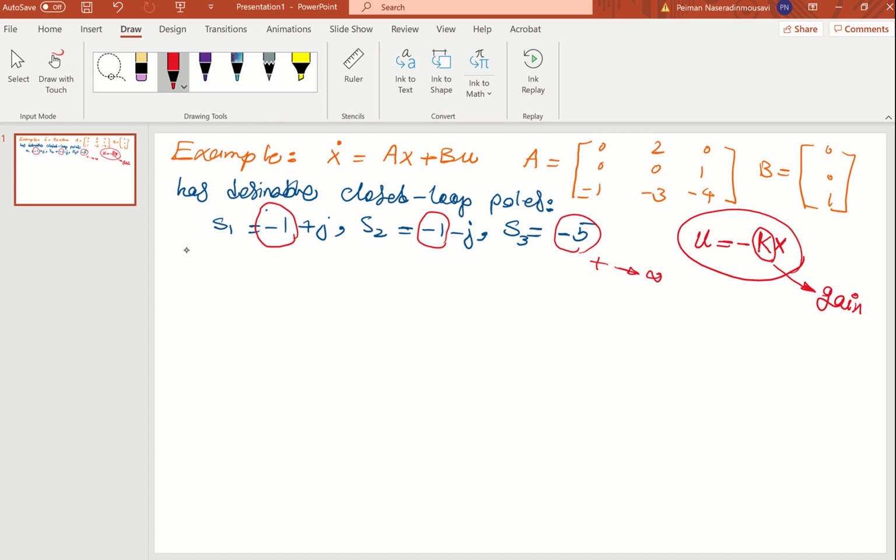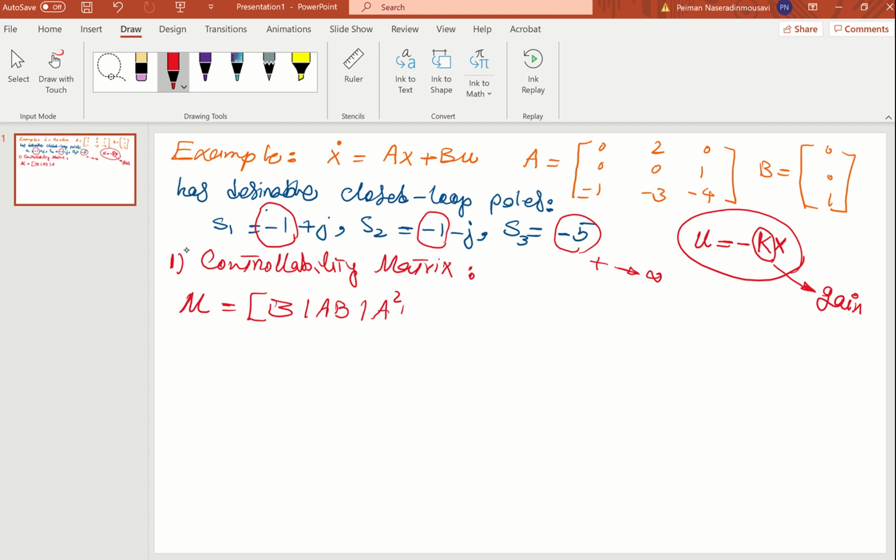Okay. So the first step that I told you in the previous class was that we have to check the controllability of the system. How can we do that? By the controllability matrix. That's right. Because it's a third order system, the controllability matrix is going to be [B, AB, A squared B, ..., A^(n-1) B].